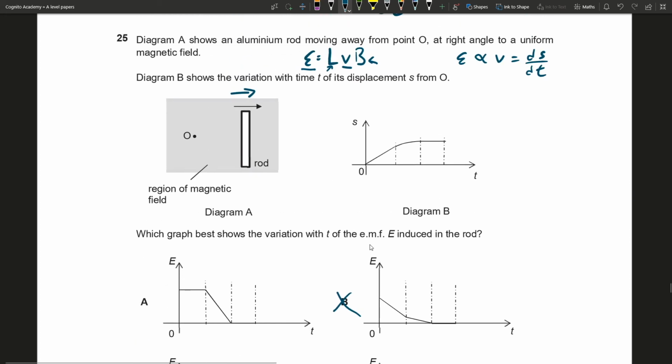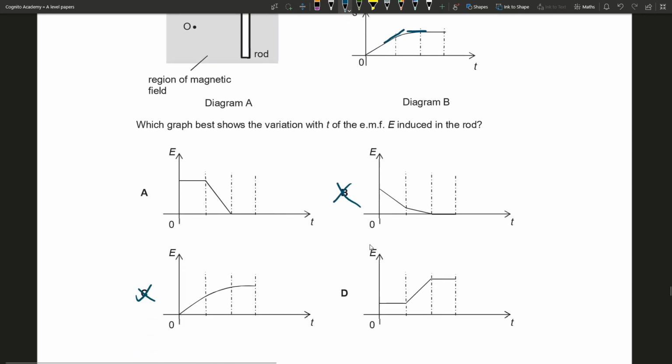At the second part, we realize that the velocity is decreasing, and we know that because the gradient at this point is steeper than the gradient at this point, meaning that we are having a decrease in the velocity.